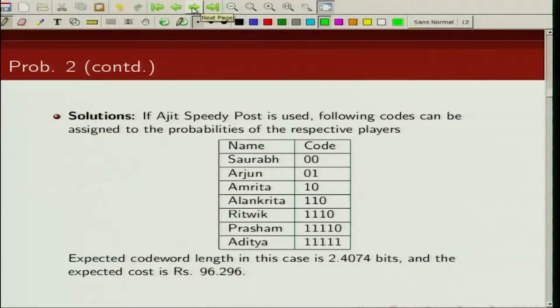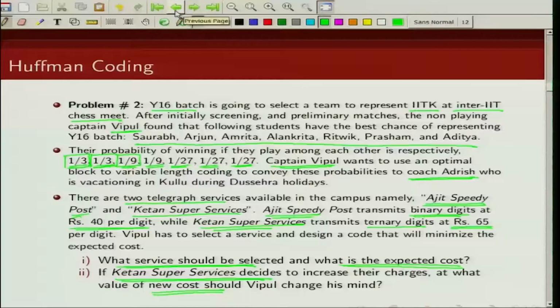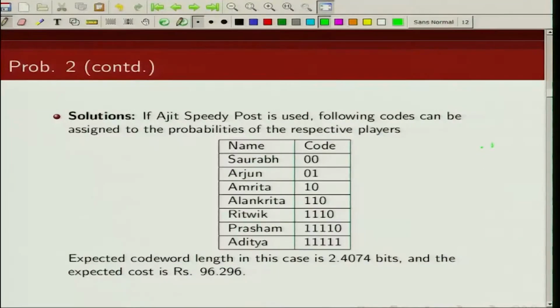So let's look at the binary Huffman tree first. We have nodes which have probability 1 by 3, 1 by 3, 1 by 9, 1 by 9, 1 by 27, 1 by 27, and 1 by 27. First we are going to combine these two nodes, right? We get probability 2 by 27.